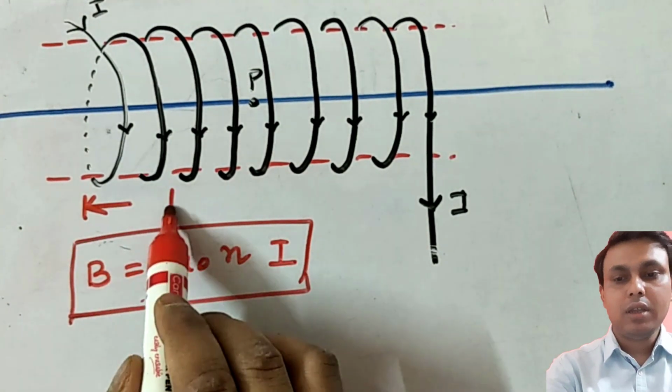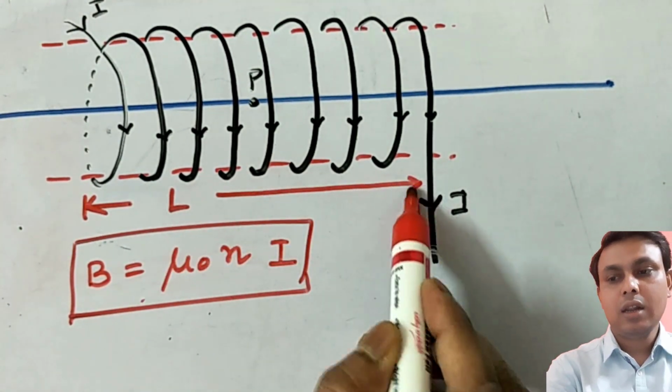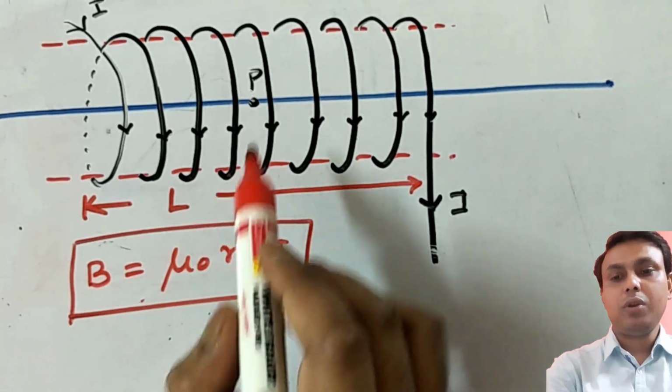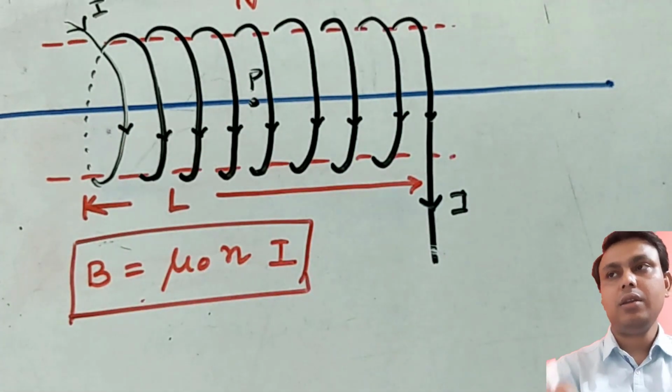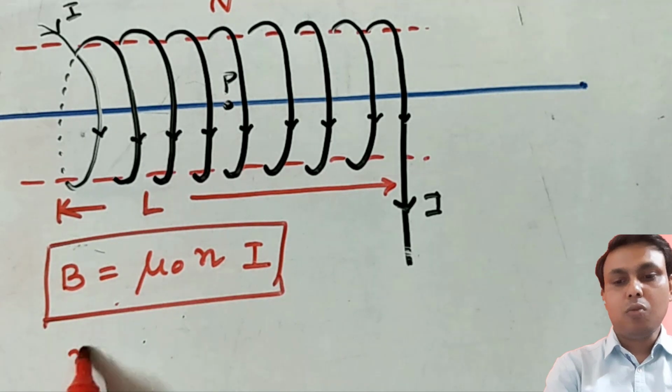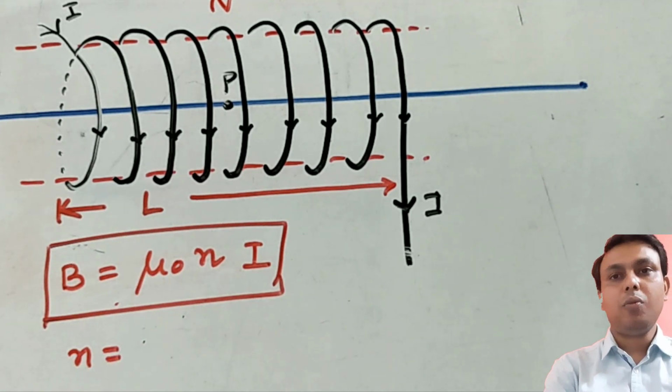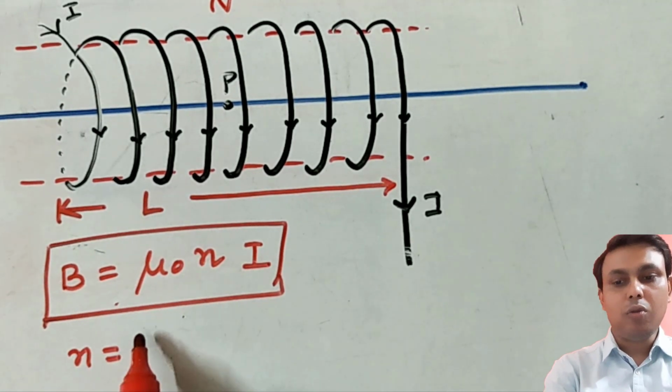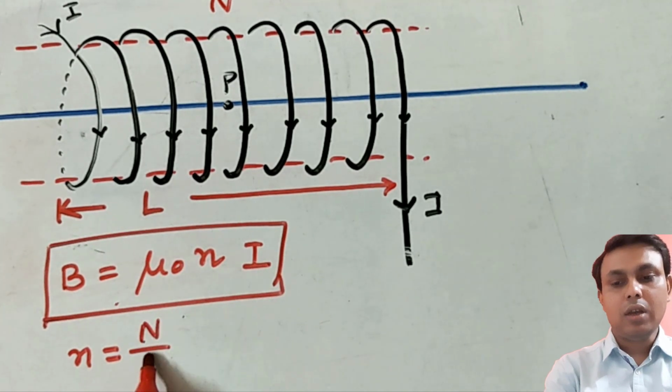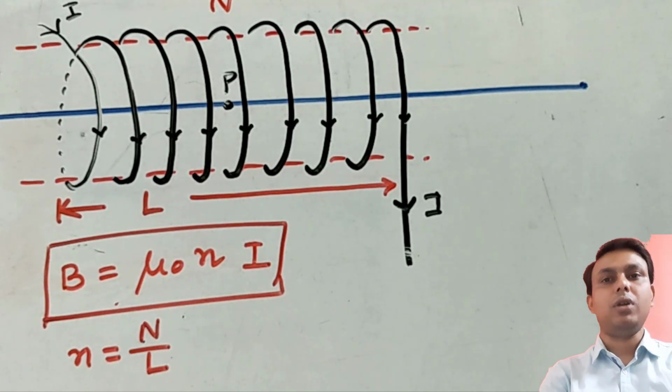Now if the total length of this solenoid is l, and if the total number of turns is N, then small n, that is the number of turns per unit length, will be the total number of turns divided by the length of the conductor.